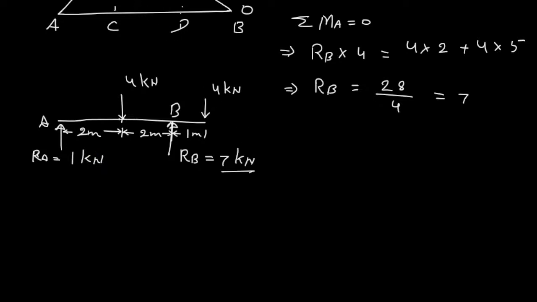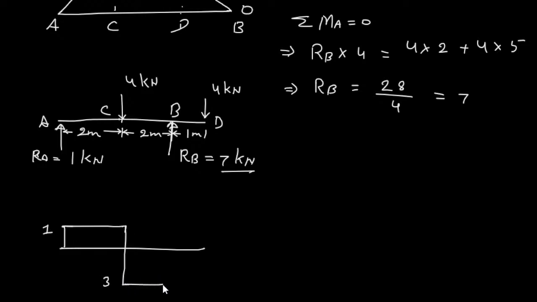Okay. Now I have to draw the shear force diagram. Shear force diagram is quite simple. I will draw a straight line. Now here there is a reaction of 1. So this is 1. Then there is no load from A to C, say this point is C and this point is D. So at point C I will move straight, and then there is a load of 4, so I will go down by 4. So 1 minus 4, here I will have a value of minus 3.